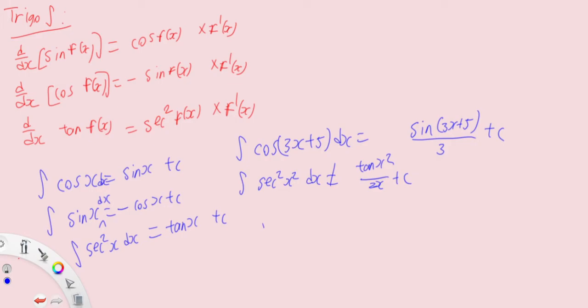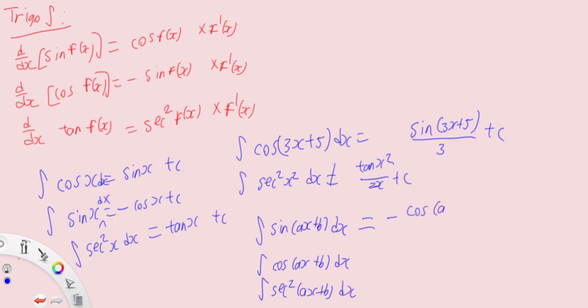So if I were to integrate sine(ax plus b) dx, or integrate cosine(ax plus b) dx, or integrating secant squared(ax plus b) dx, then it will all lead to kind of the same integral, right?